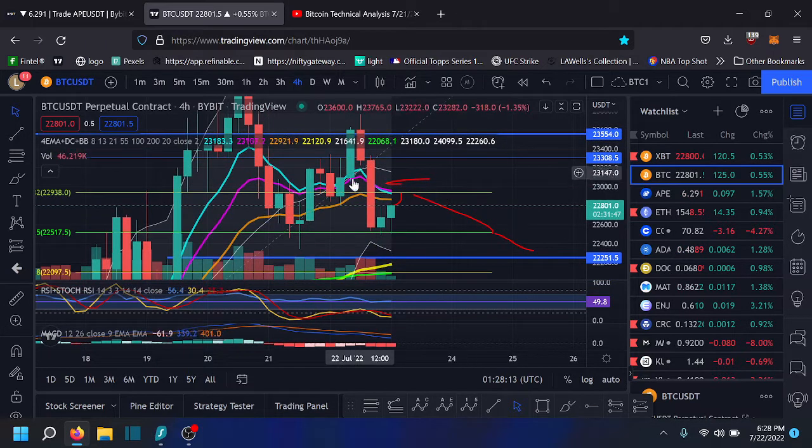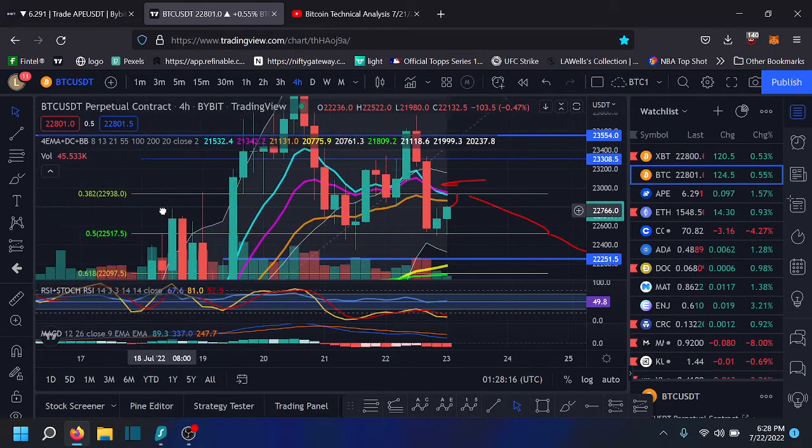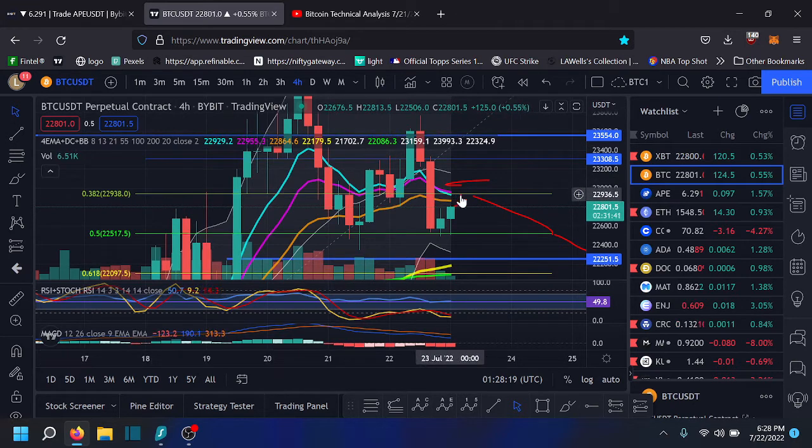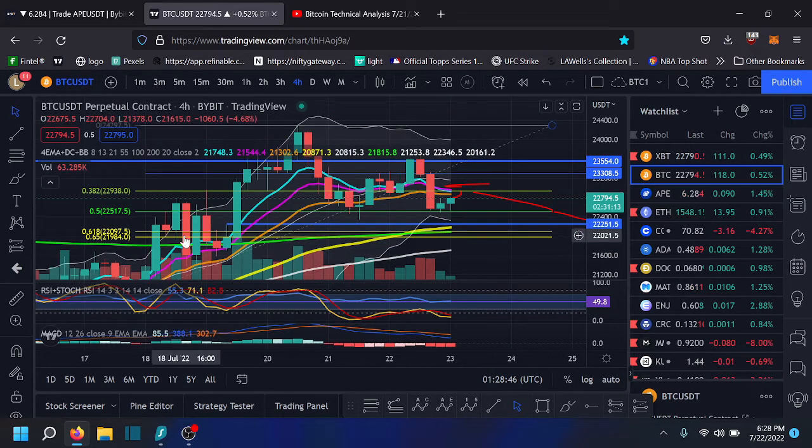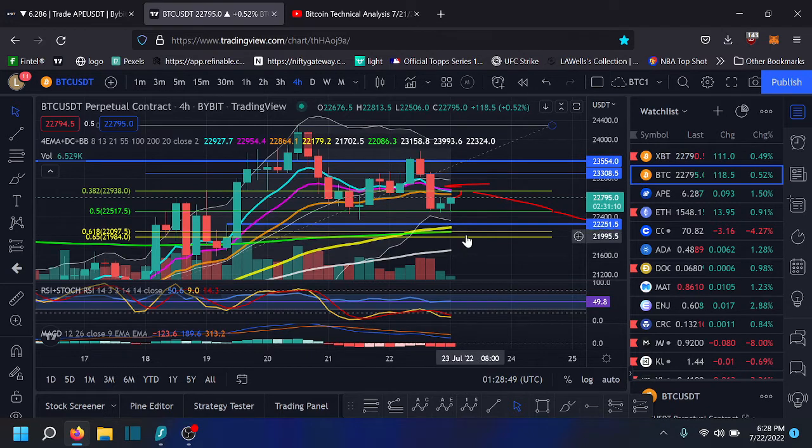If we do not pass the 0.5, the 0.38 Fibonacci retracement levels and the 8 exponential moving average, and do not close above that 8 exponential moving average, and we get weaker, for sure it's going to be a retest of the 22,000 to 21,800 levels, to see if we actually come back up to the golden pocket area, 0.618, 0.65, which corresponds with our 55 exponential moving average and 200-day exponential moving average on the 4 hour chart.